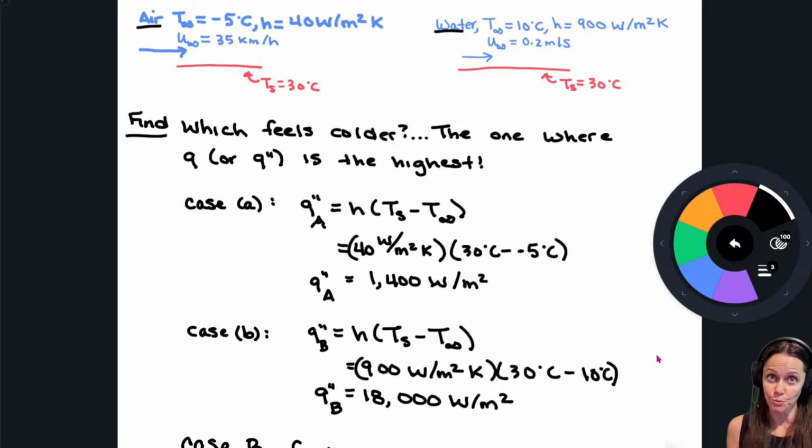If you watched that thermal conductivity video, which why wouldn't you, it was fascinating, you may recall that the thermal conductivity for solids is higher than for liquids, and for liquids it's typically higher than for gases. So for water, which at 10 degrees is a liquid, you're going to have a higher thermal conductivity than for air.